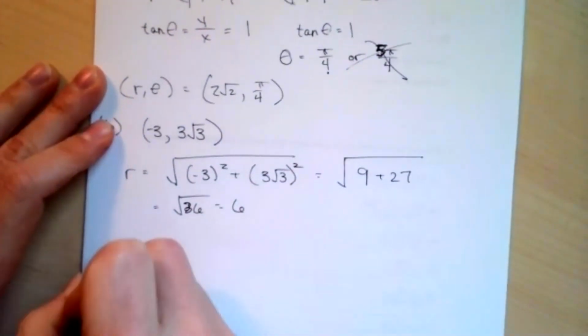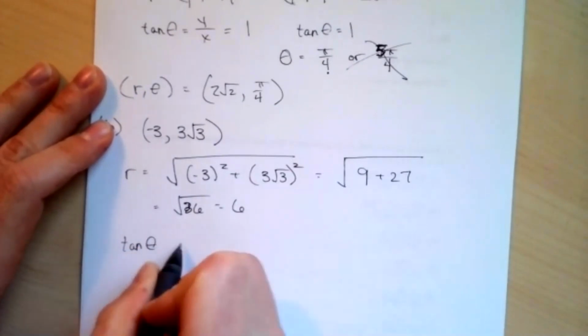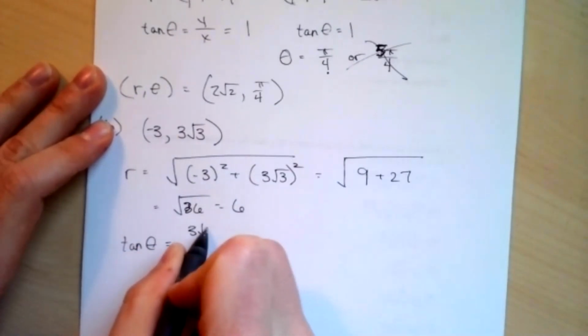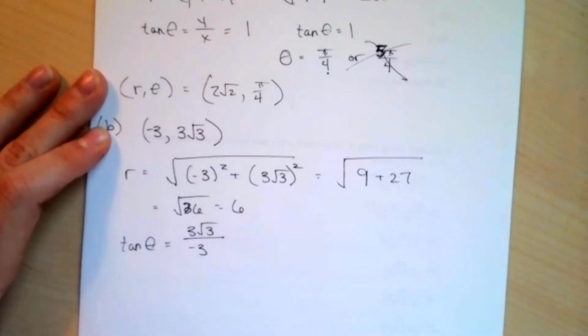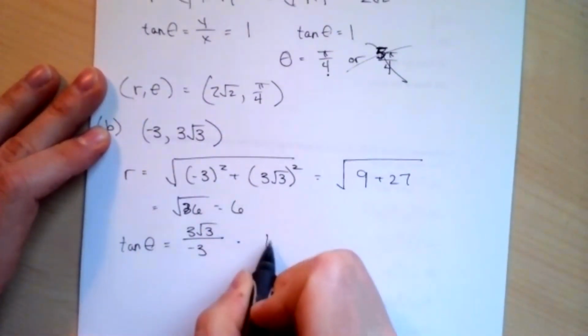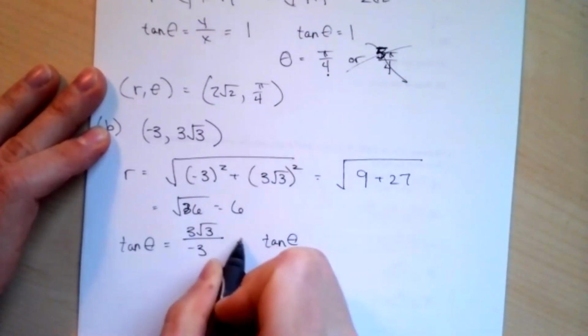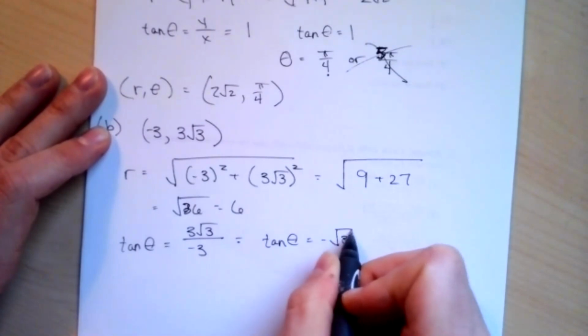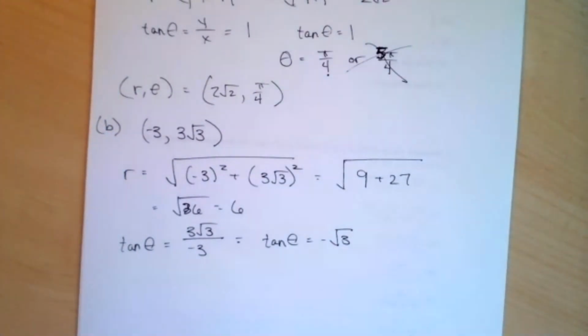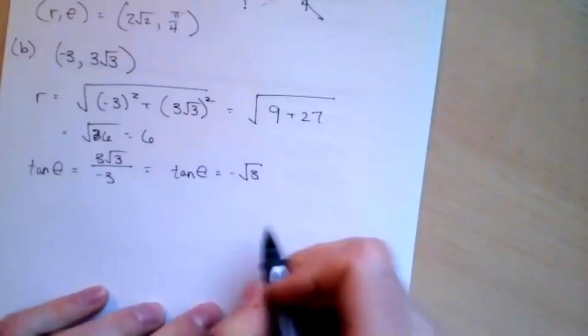And then our theta, y over x, simplifying, tangent theta equals negative square root of 3. Of course, draw your reference triangles.